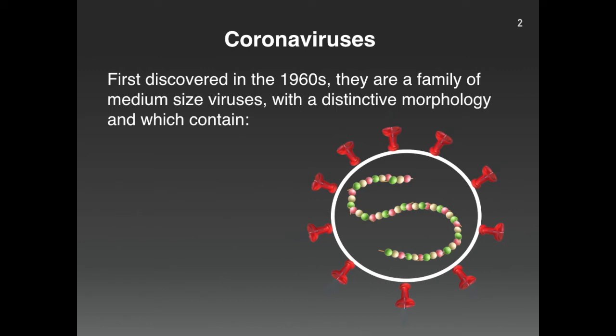Coronaviruses were first discovered in the 1960s. It is a family of viruses of medium size and which have a distinctive morphology with this characteristic corona, which gives them this very specific look, a little bit like the corona of the sun.